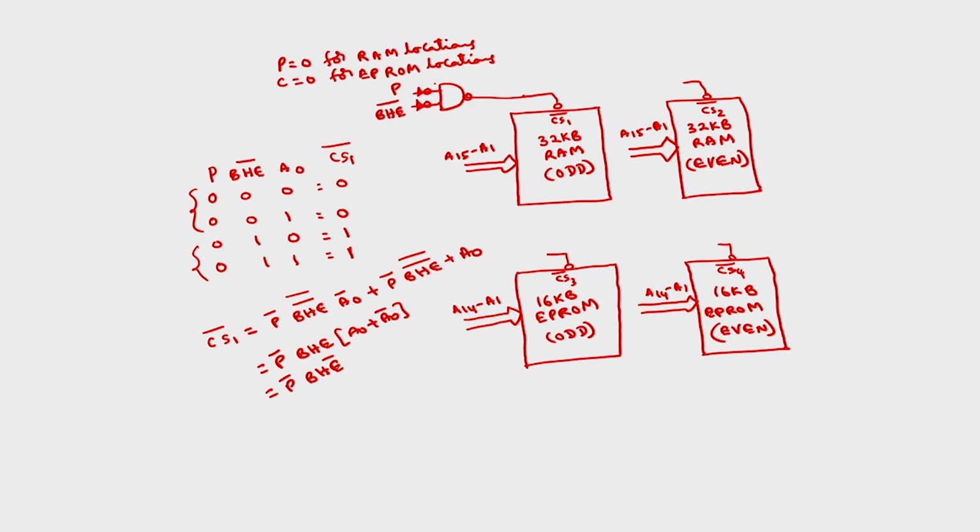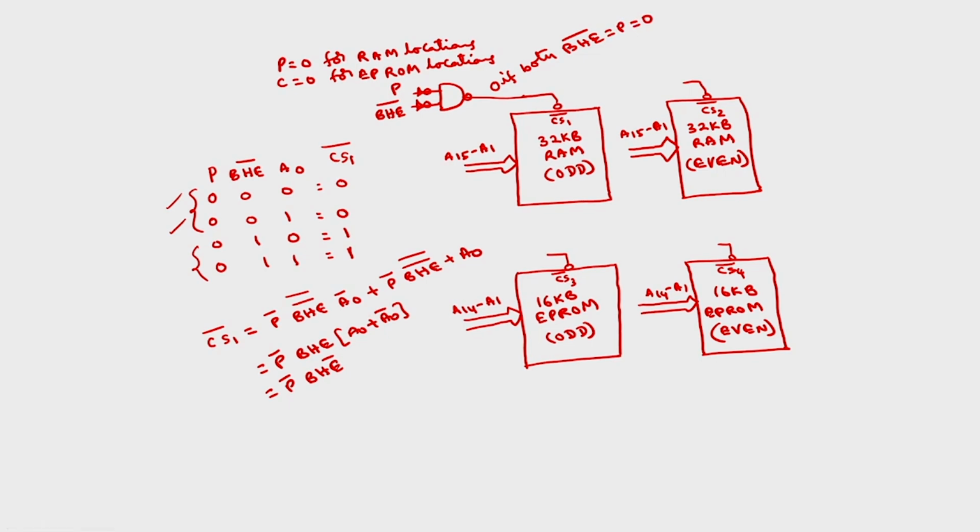If one of the inputs is 0, output will be equal to 1. It will not be selected. So this will work out. So the circuitry will be, for P is equal to 0, BHE bar 0, this will be always 0 if both BHE bar and P bar are equal to 0.